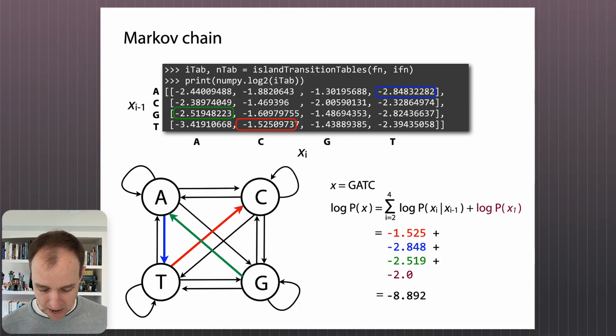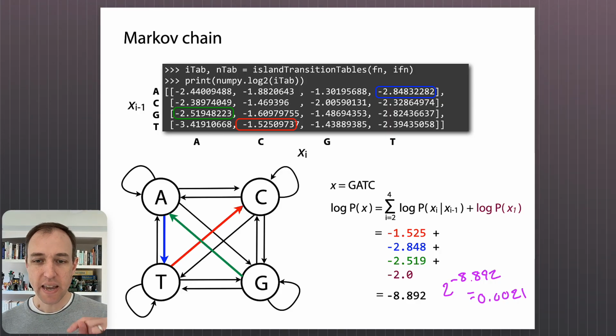And if you do the math, right, if you just plug this into Python, you'll see that 2 raised to the power negative 8.892, which is what we got as our log probability at the end of the day, is equal to the same number that we computed in the previous lecture, which was 0.0021. Okay, so at the end of this sum, you get a log probability, but you can always re-exponentiate it, take 2 to that power, and you'll get back to a probability rather than a log probability.